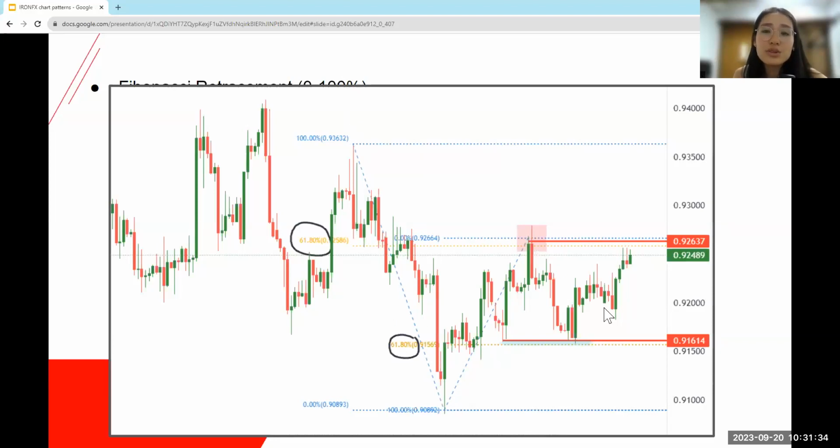Okay, so both 61.8, but for the bigger one, my 61.8 lines up with the swing high. And then my smaller Fibonacci retracement, 61.8 as well, lines up with two swing lows. So this once again is an important level because we see that price has respected this level twice. So it's likely to respect this area again in the future.